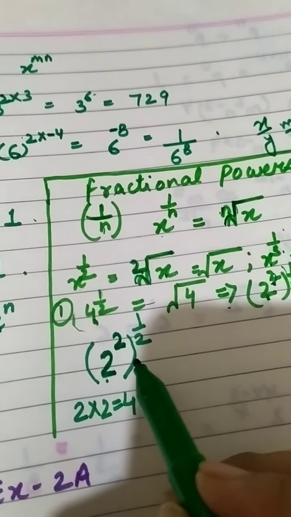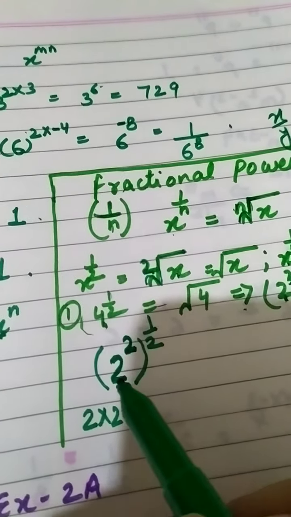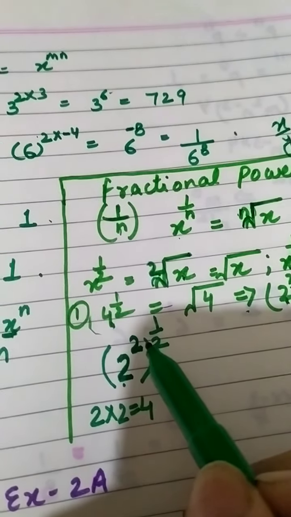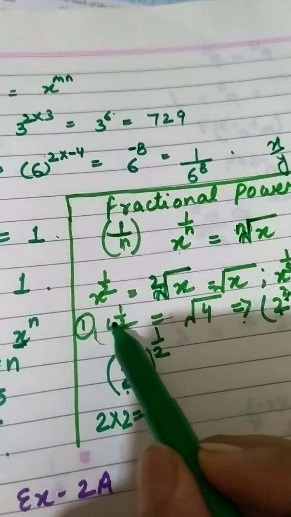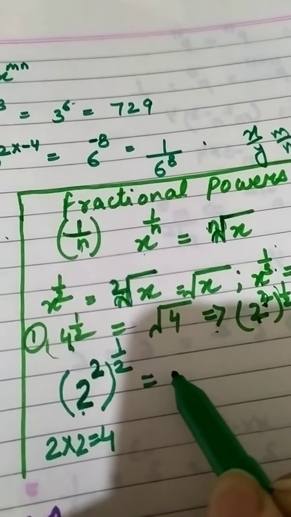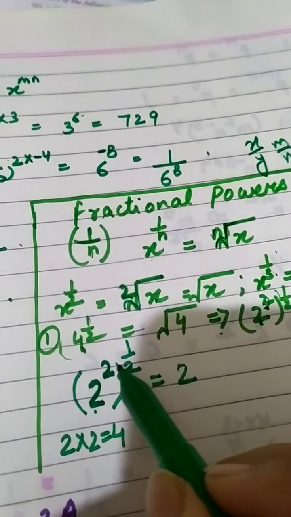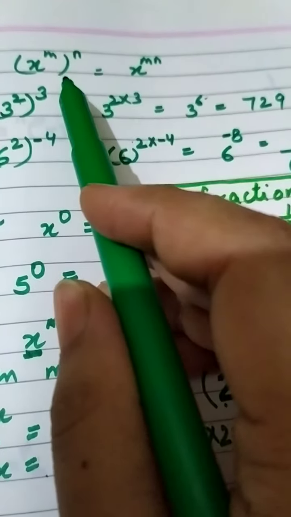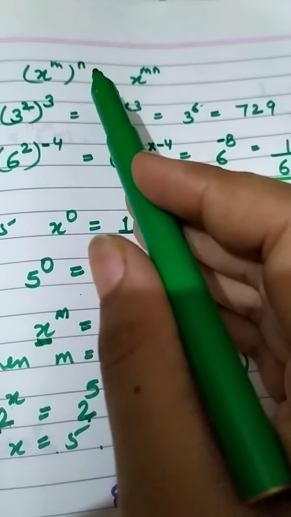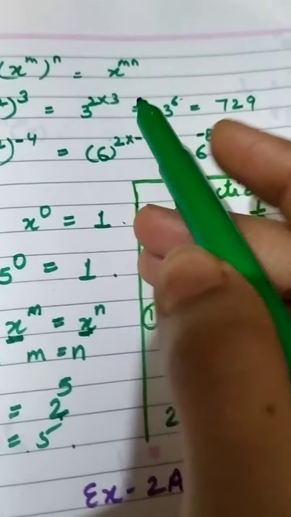Clear this thing? This 4 I have written like this, means in power form. 2 raised to the power 2 is 4 only, and 1 upon 2 is the whole power. Then how we will solve this? To this I have told you, this law is applied here. Okay, x raised to the power m whole power n, means powers will be multiplied.